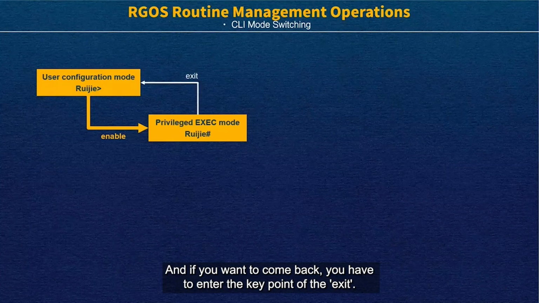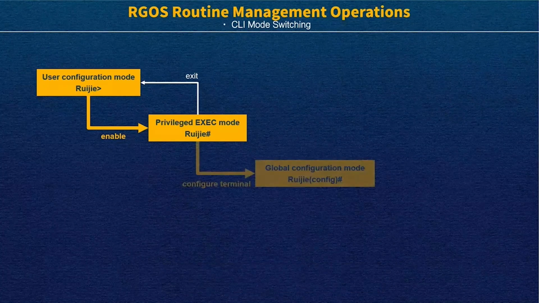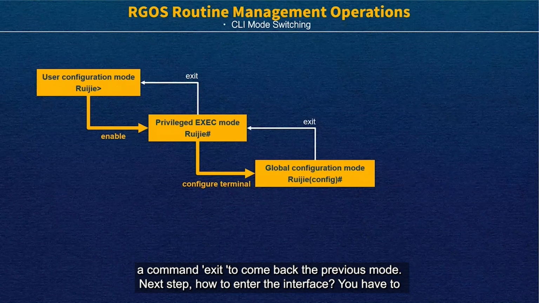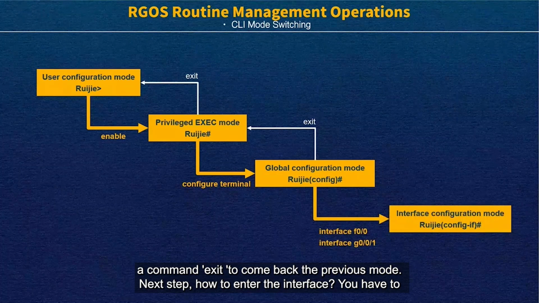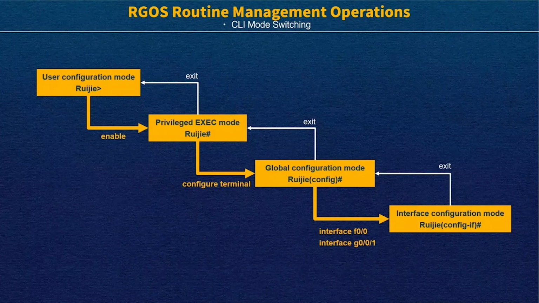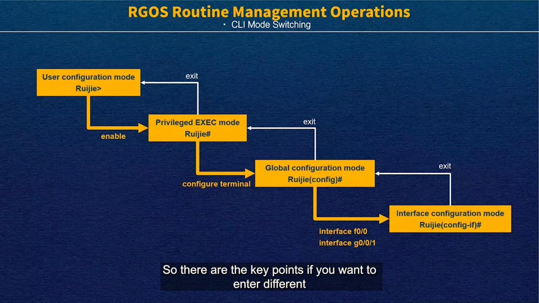If you want to come back, you use the command exit. Next, you use configure terminal to enter the global configuration mode, and the command exit also comes back to the previous mode. Next, to enter an interface, you use the command interface and go to the specific interface, and to come back it is exit. So these are the key commands to enter different modes.